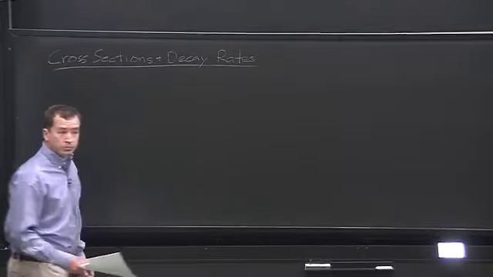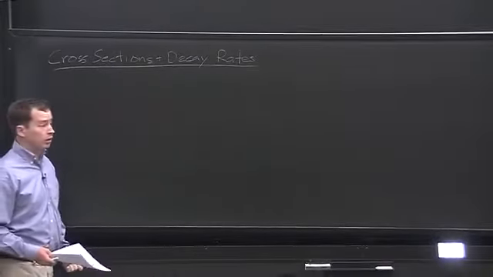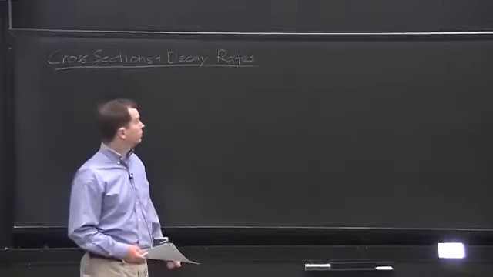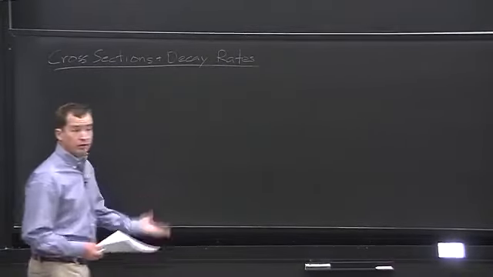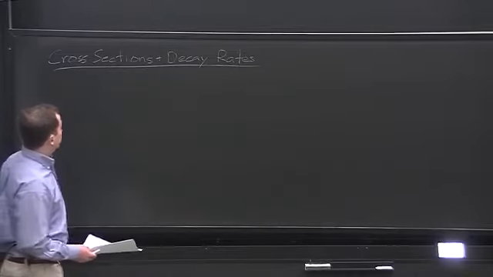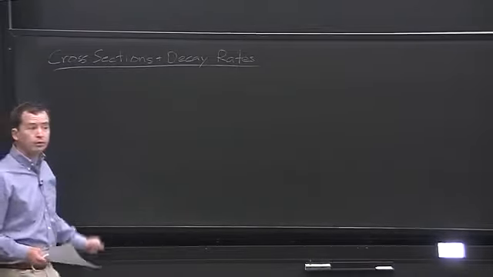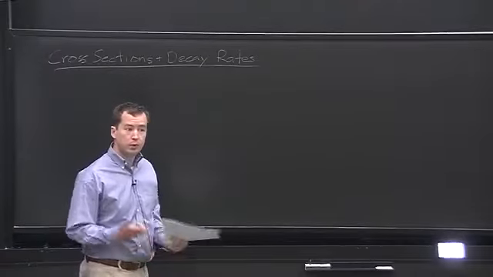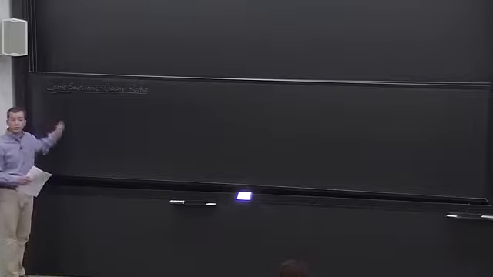So today we're going to begin our discussion of interacting quantum field theories. And we're going to start with the observable quantities that we can measure in a laboratory, namely the cross-sections. We're interested in a scattering process.